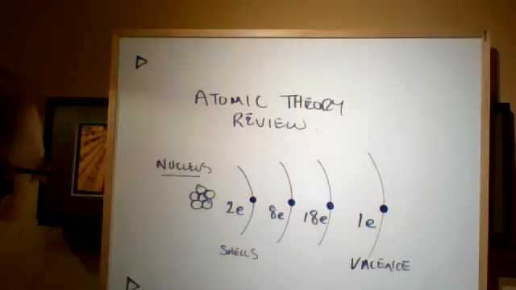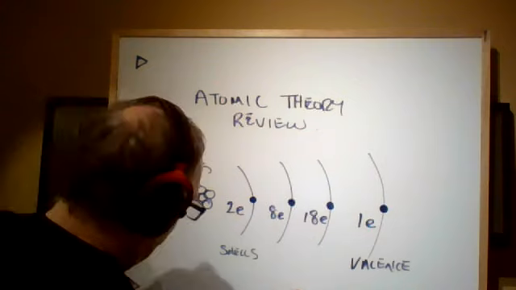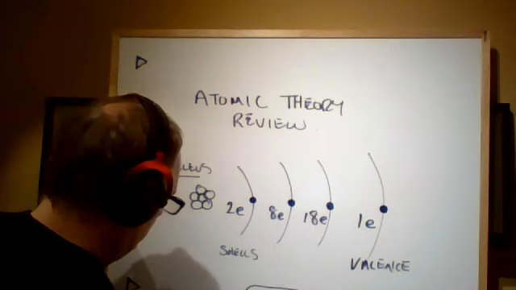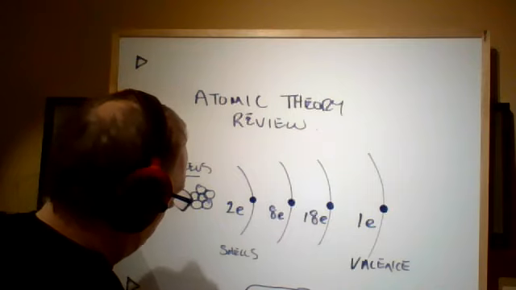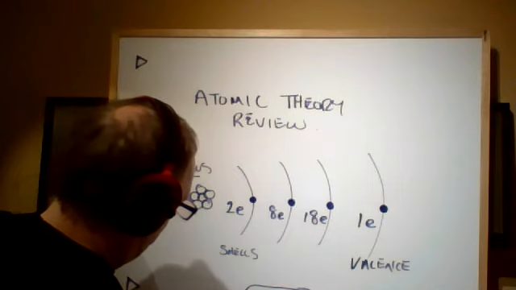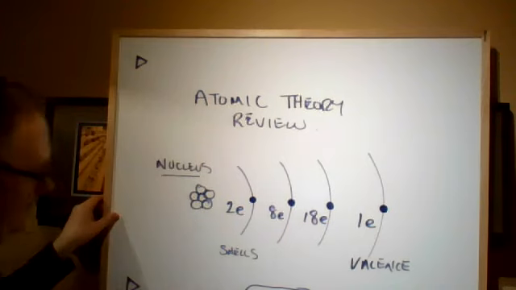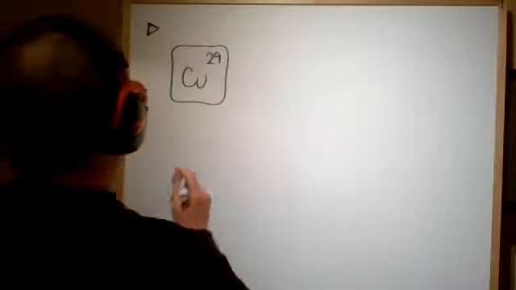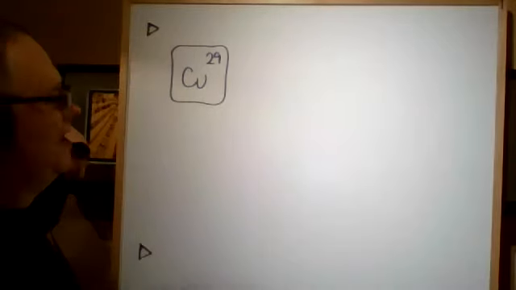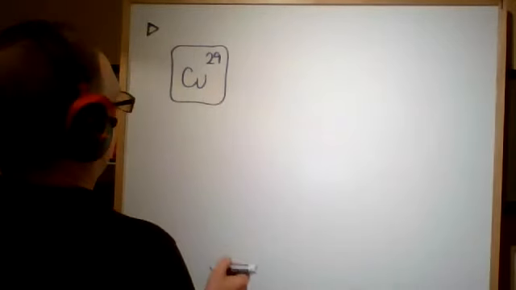And so what we have here then is an element. Its atomic number is 29, and it is copper. So as you can see, I've got the symbol here for copper, number 29.